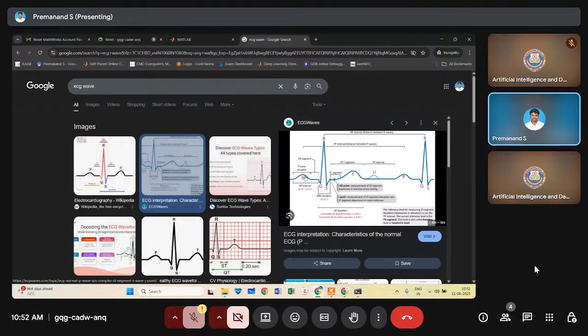In order to get the particular P point, I need to get the P onset, P offset and so on. To get the exact P waveform for a particular patient at a particular time, I need these many values.